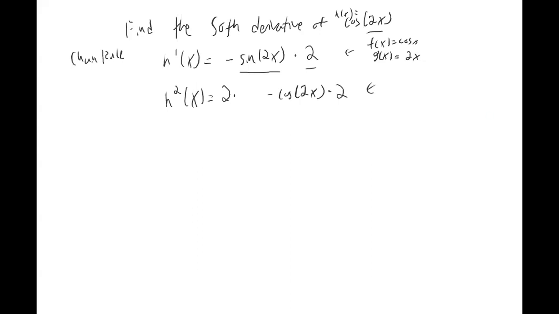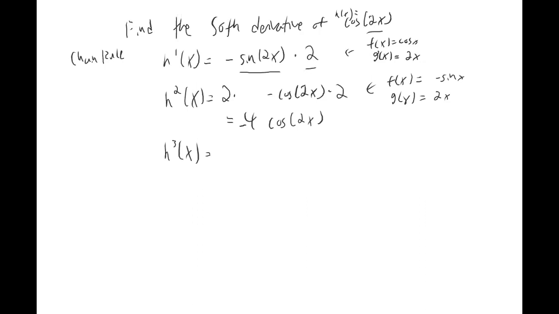Here my f of x is negative sine x and my g of x is 2x, so it's the chain rule again. So this is negative 4 cosine of 2x.